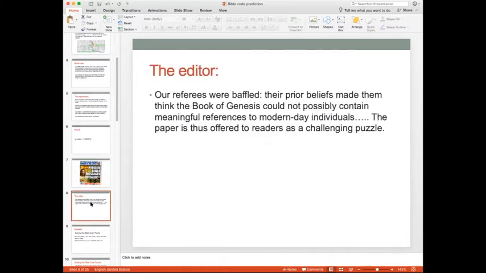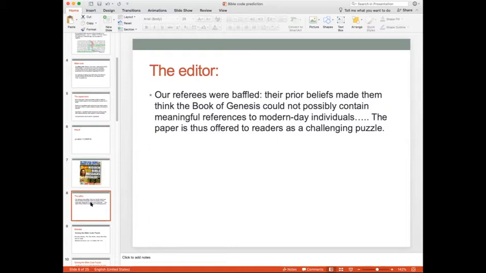And this is what the editor says. Statistical Science is one of the top journals in statistical research. The editor said that our referees were baffled. Their prior belief made them think the book of Genesis could not possibly contain meaningful references to modern day individuals.